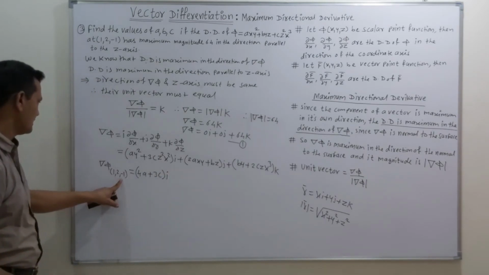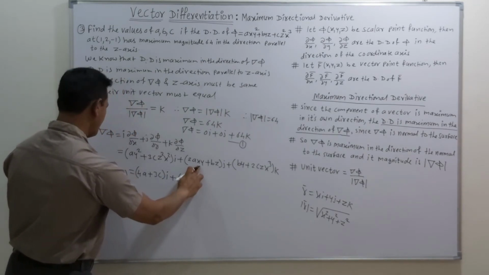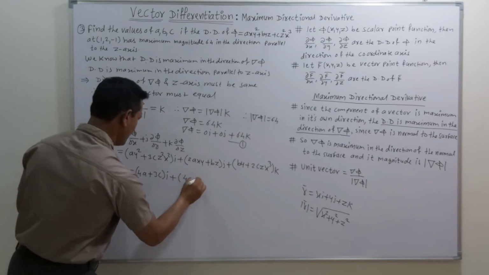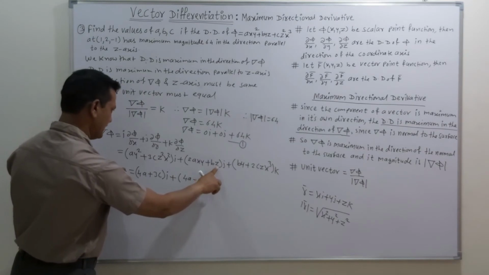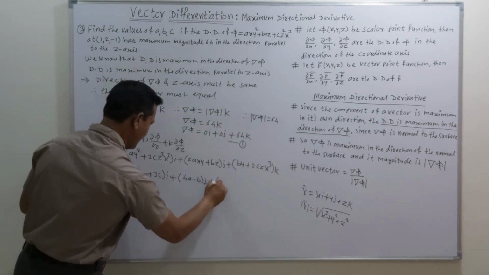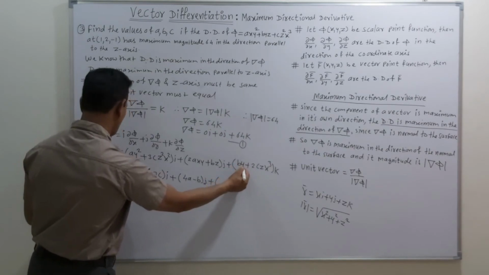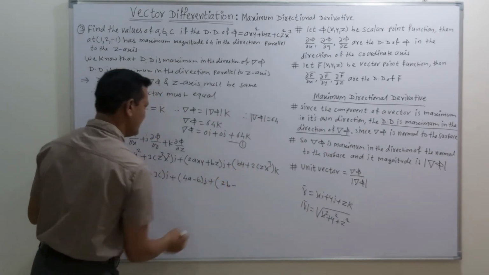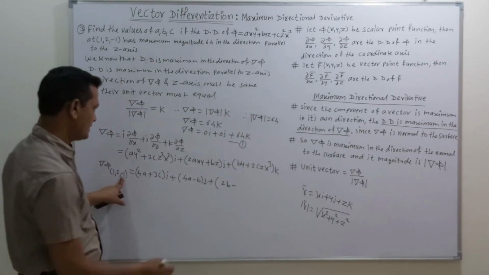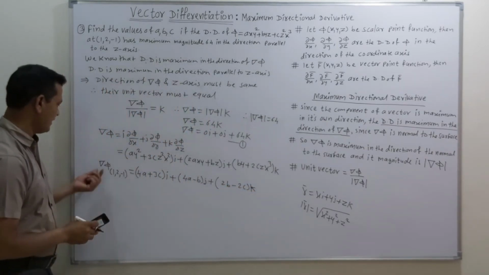Next term is 2axy, x is 1, y is 2, so we get 4a, then z is minus 1, so minus b, into j. This is the coefficient of j. Then for the last term, y is 2, so we get 2b, then x is 1, z is minus 1, so minus 2c, into k.